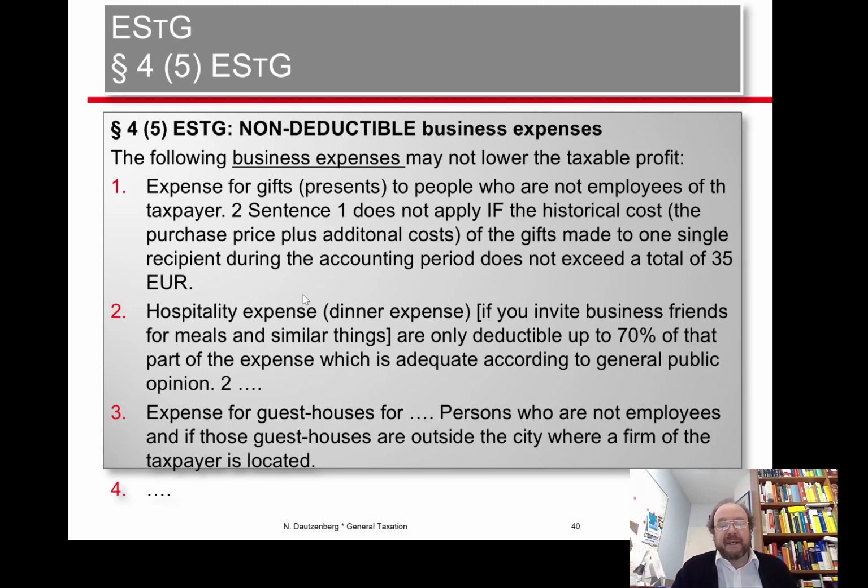then the whole amount of the present is not deductible. Hospitality expense, so inviting people to dinner and similar activities, is only deductible up to 70% of that amount of the expense which is regarded as adequate according to general public opinion. So inviting somebody to a restaurant makes sense in order to have a nice atmosphere for negotiations. Now having a meal is also something which has a private advantage, clearly.